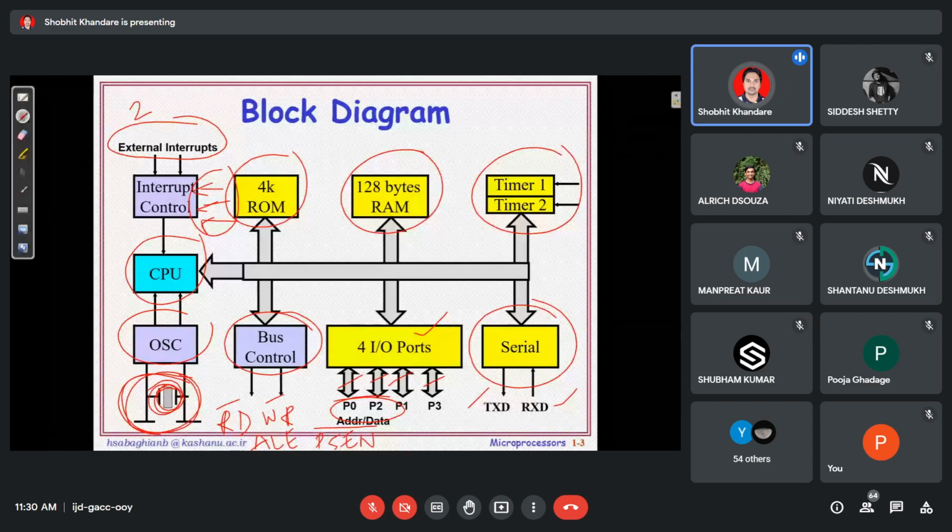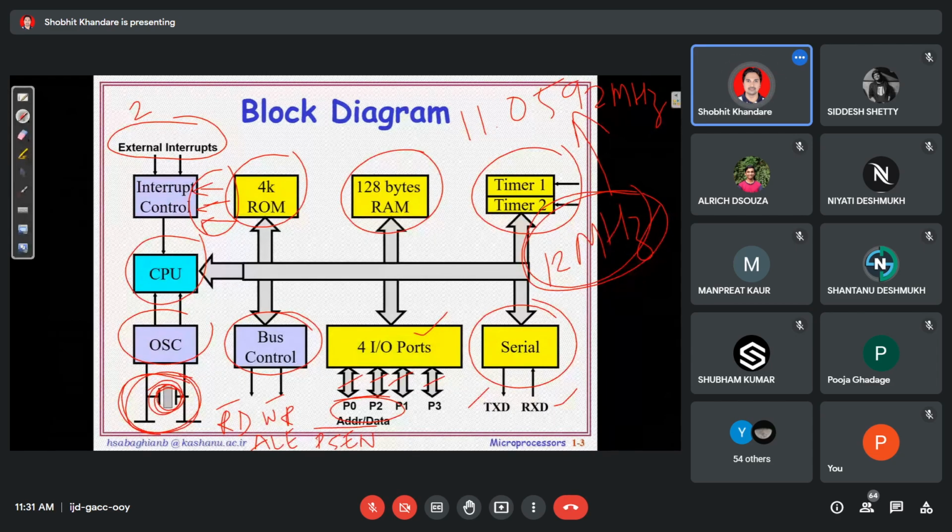Usually we have 12 megahertz, so as far as your 8051 is concerned, you will be getting the clock frequency of 12 megahertz. Actually we say 12 megahertz, but what we get is 11.0592 megahertz. As a round figure we say 12 megahertz, but actually we get 11.0592 megahertz.